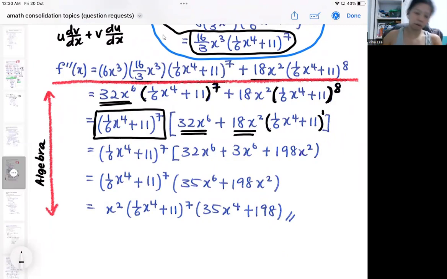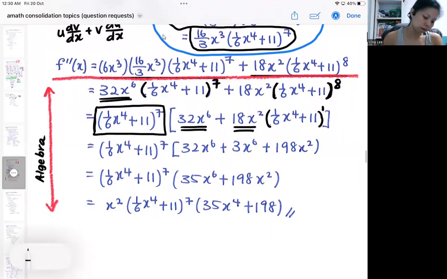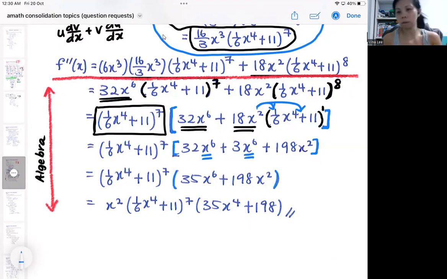Once you achieve your take out common factor, you will just need to simplify this portion first. The simplification is very easy. It's just opening up the bracket, and then you will find that there are 2 x^6. If there are 2 x^6, you just simplify.